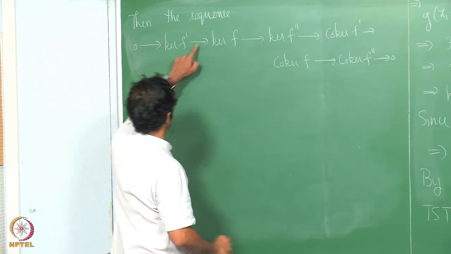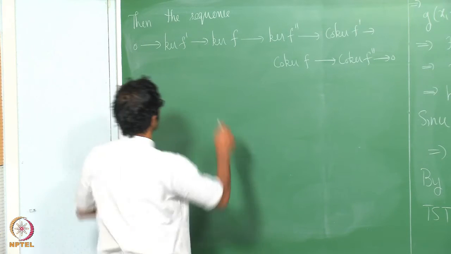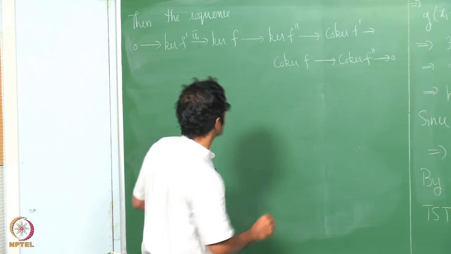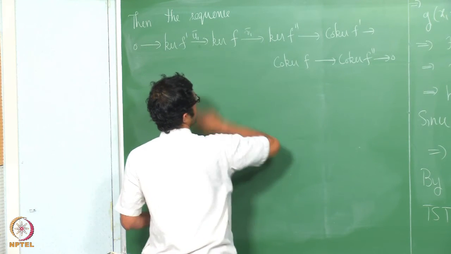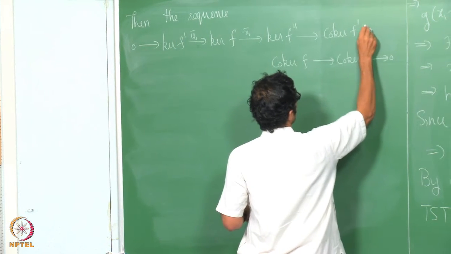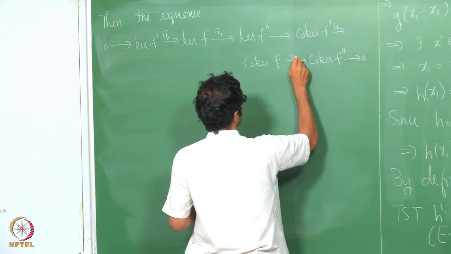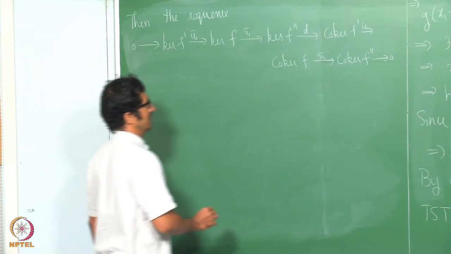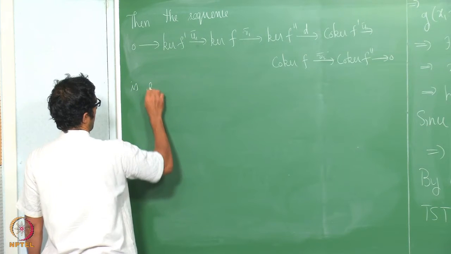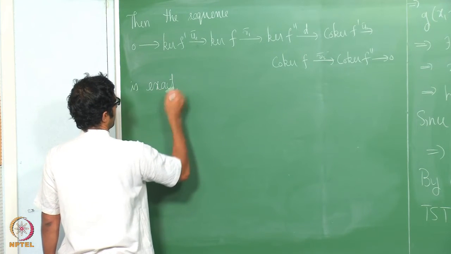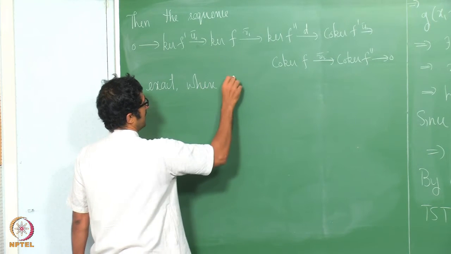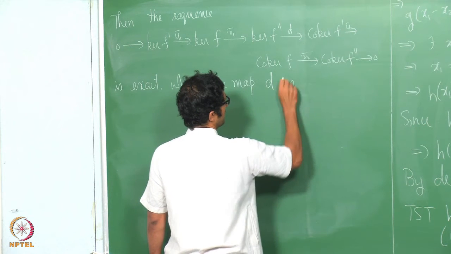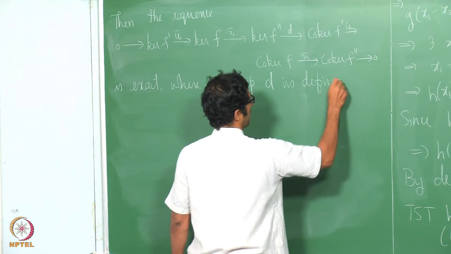So, I will call these maps u1 bar, v1 bar, u2 bar and v2 bar, and this is exact, where the map D is defined as follows.